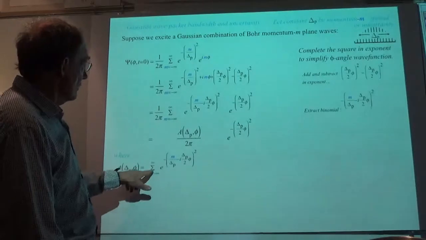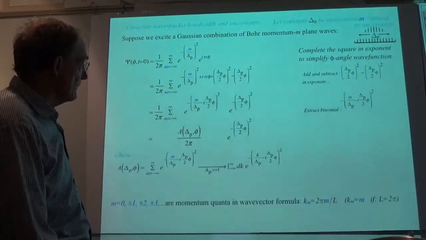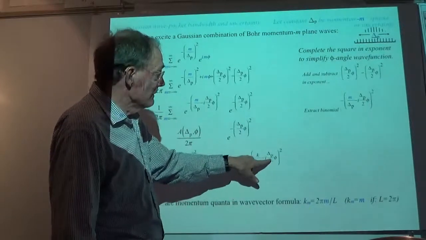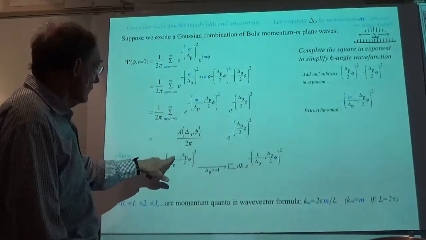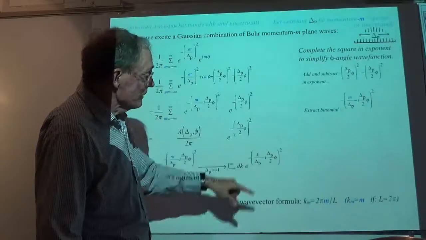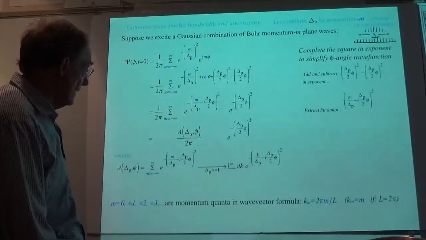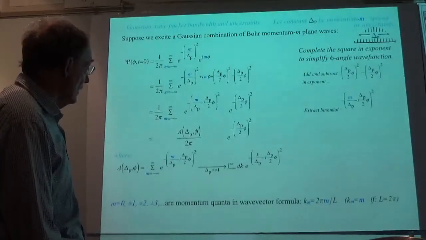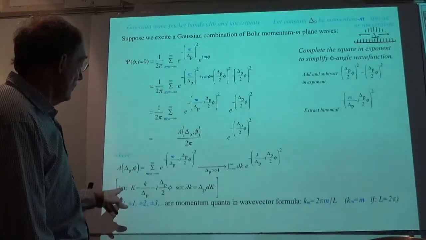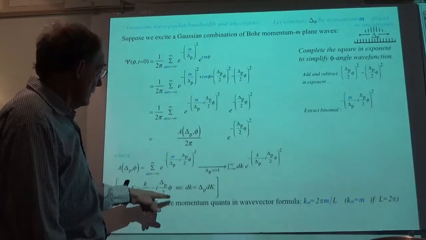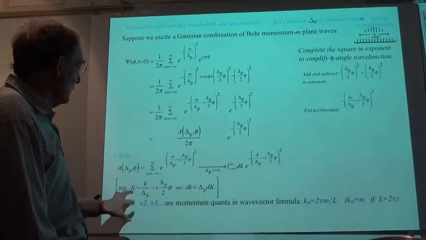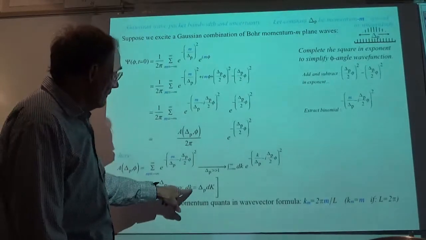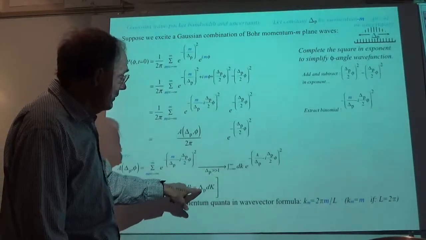So this right here is what we want to look at. It approaches an integral like our other problem did. So I make a sum over m into an integral just like we did before. The momentum quanta of k are still the same. That hasn't changed. We're just dealing with this. So then I can let this big K here, sort of complex K, give me a dk delta p dk.